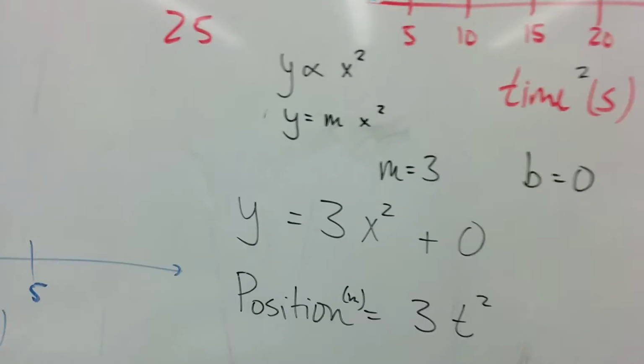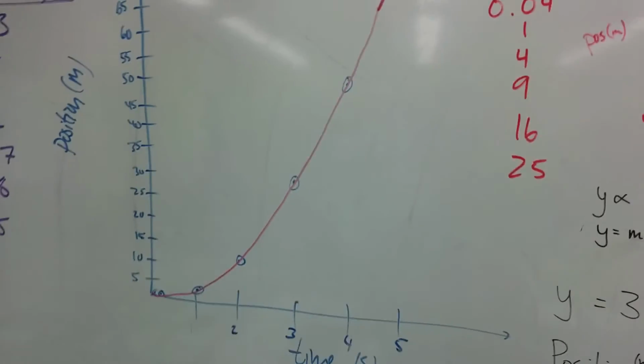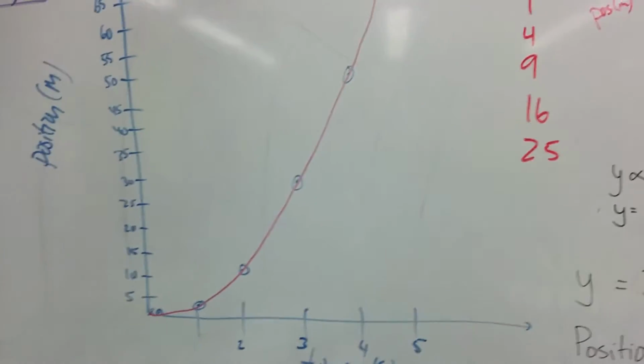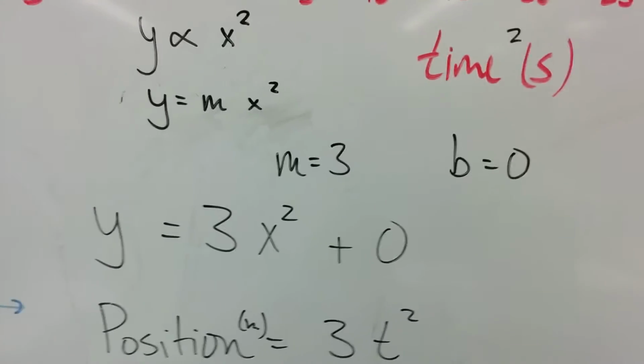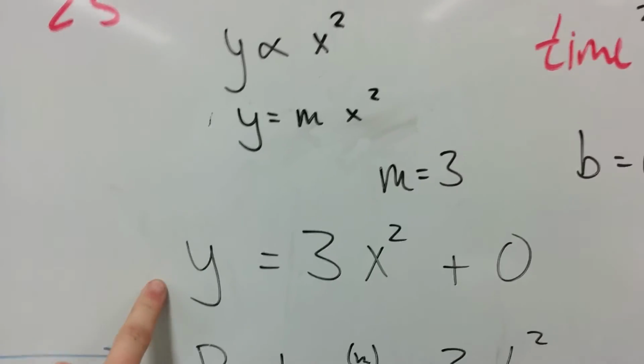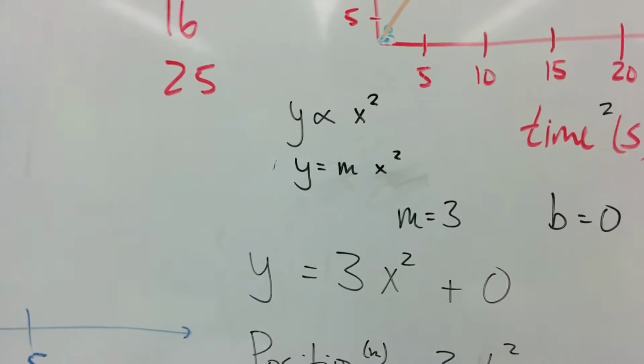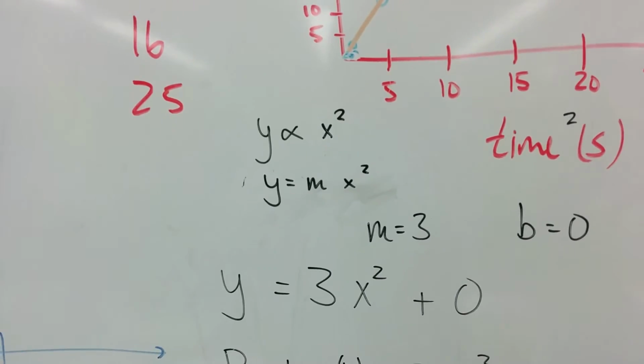So if I'm creating an equation for my original data, I have m equals 3, b equals 0, so I can say y equals 3x squared plus 0.